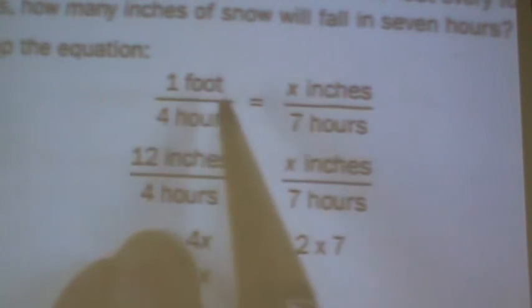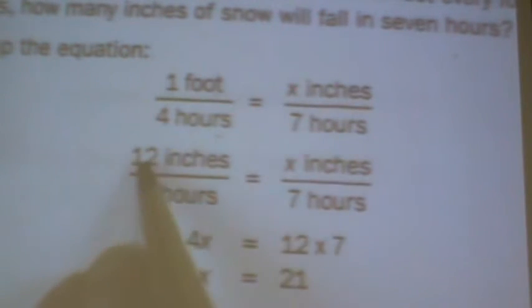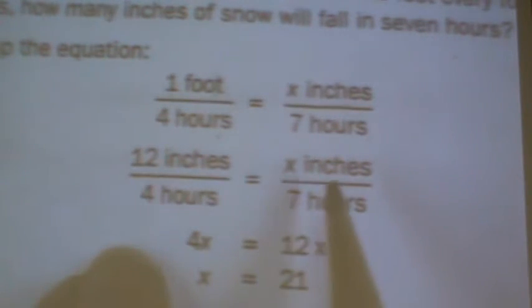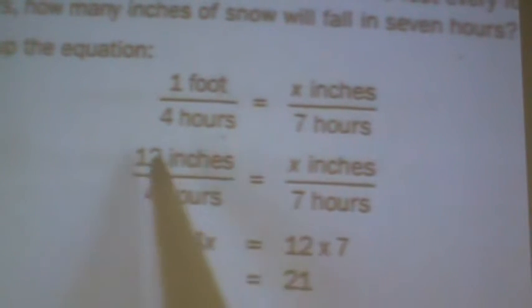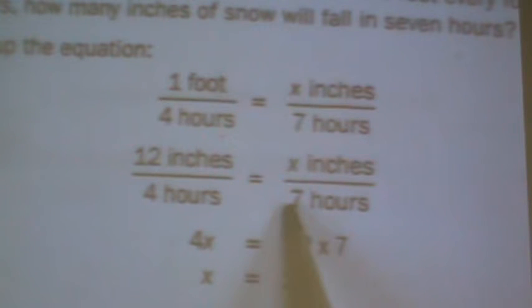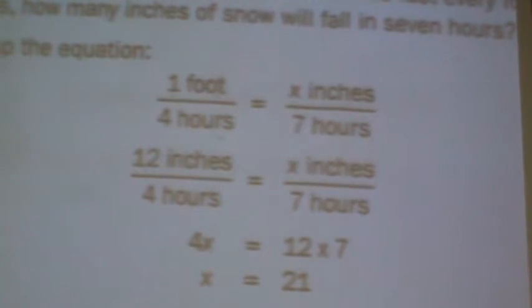You're not going to compare feet to hours and inches to hours, you've got to convert this into inches. So 1 foot is equal to 12 inches. So you're looking at how many inches in 7 hours. The biggest thing is make sure that your units are the same. And then you've got your proportion, cross multiply. 12 times 7 is equal to 4x, and so divide by 4, x is 21.